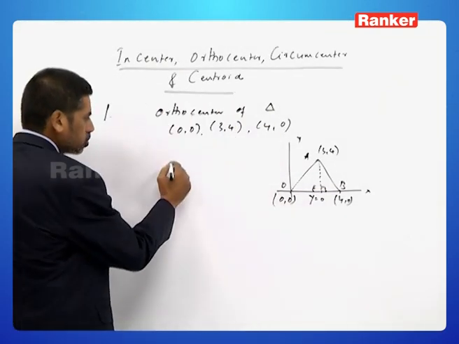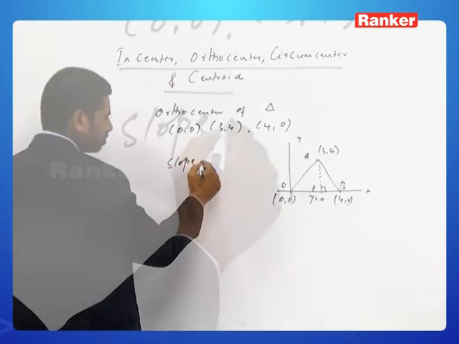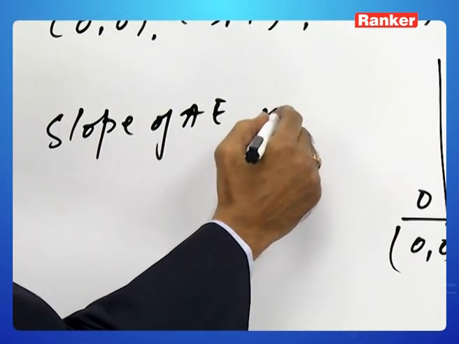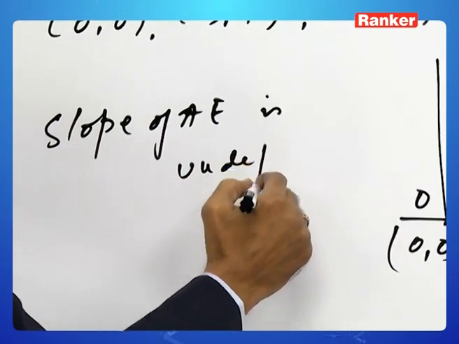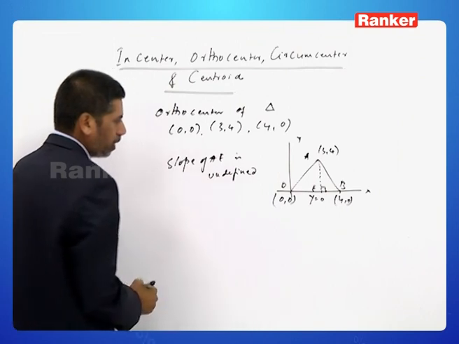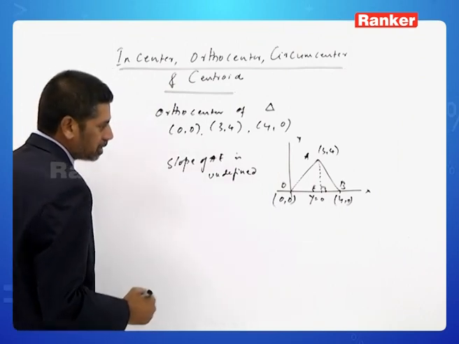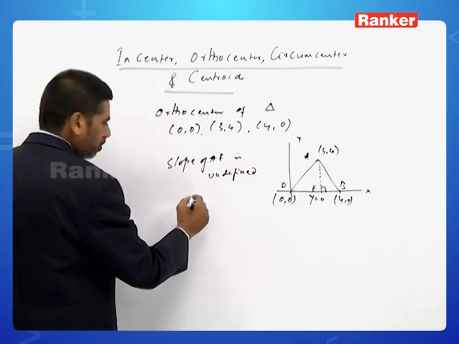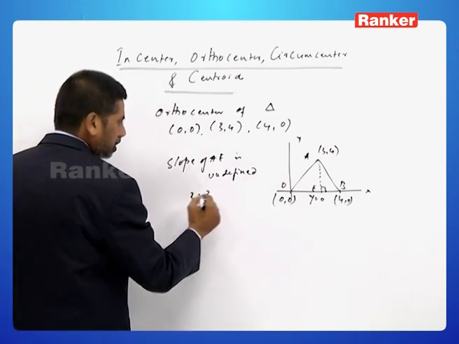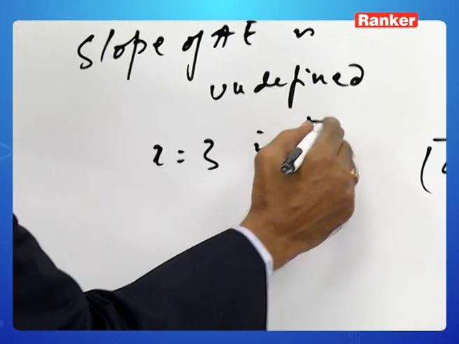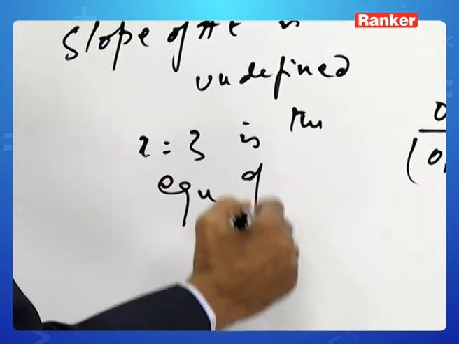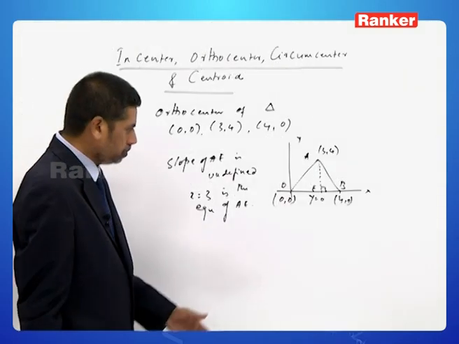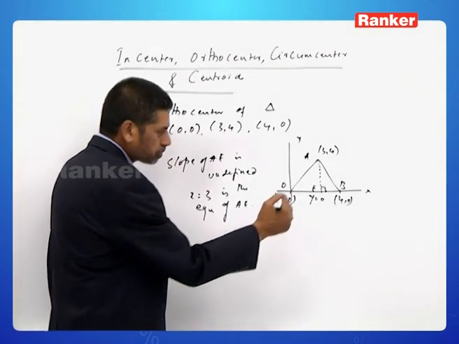Then slope of AE is undefined because it's parallel to the y-axis. But this line passes through the point (3, 4). Therefore, x = 3 is the equation of AE. Now, what about the orthocenter?